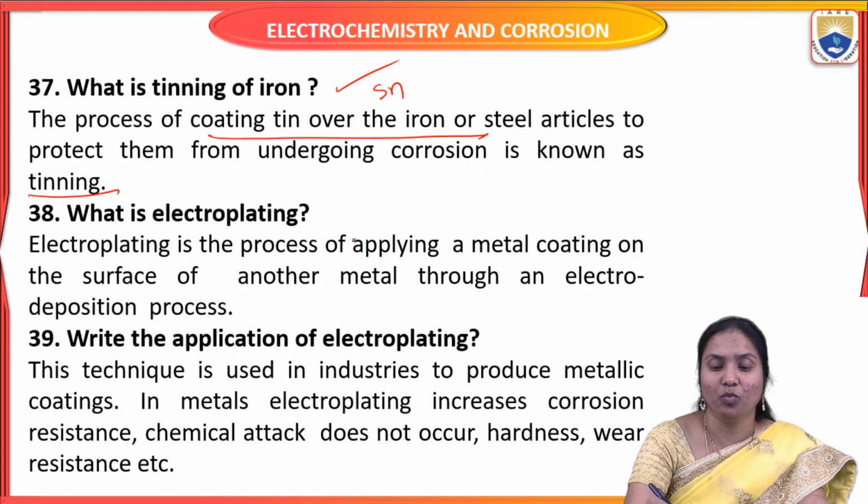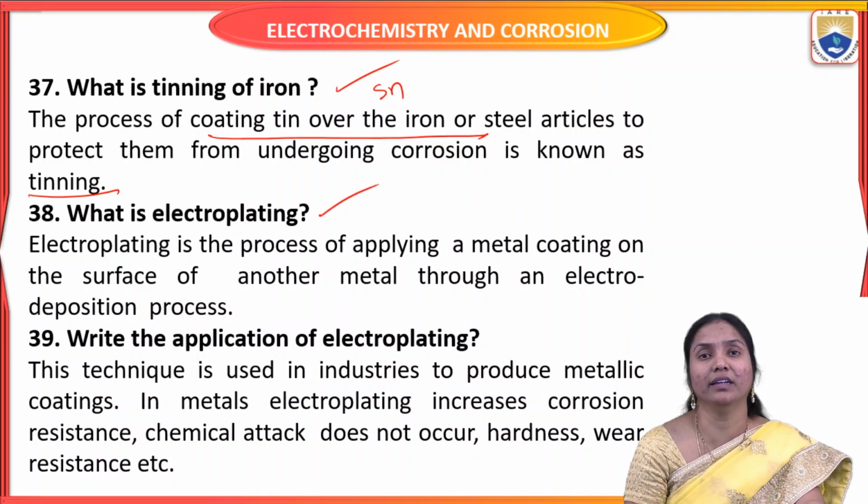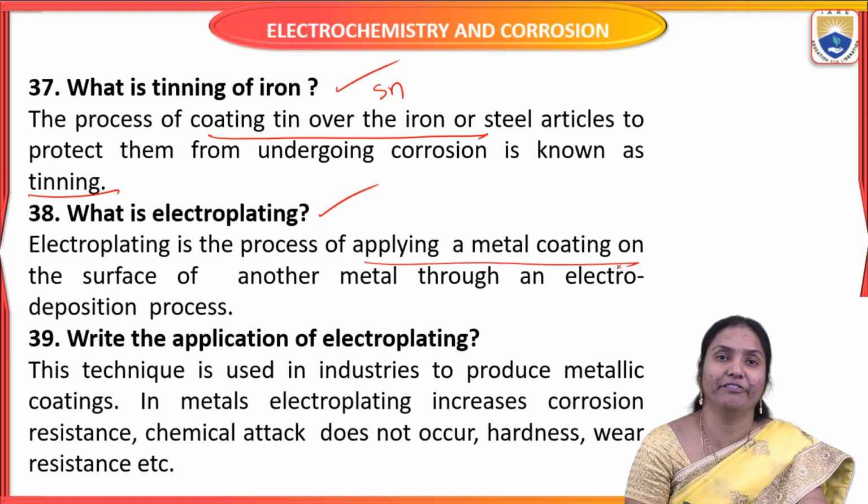And next question is, what is electroplating? Electroplating is a process of applying a metal coating on the surface. It is one type of coating. We apply coating on base metal by passing electricity through the solution, which is called electroplating.